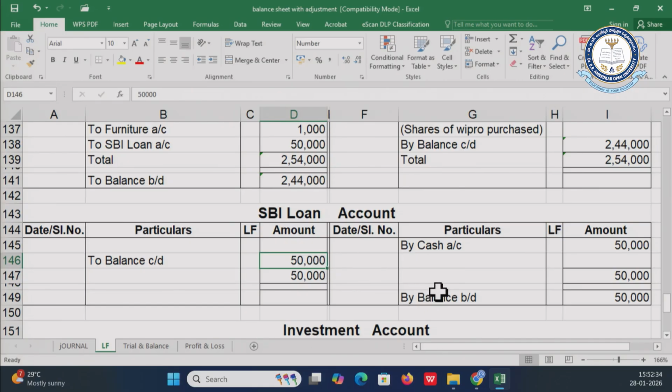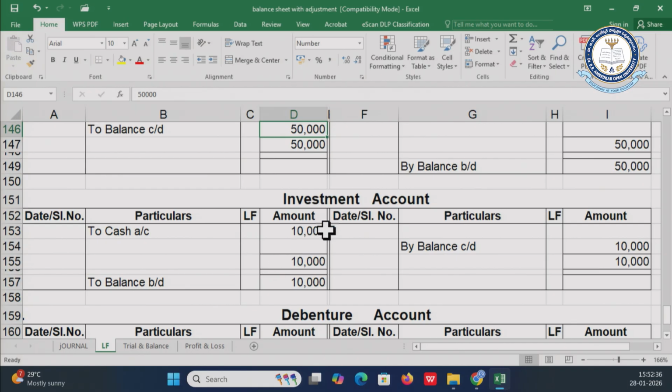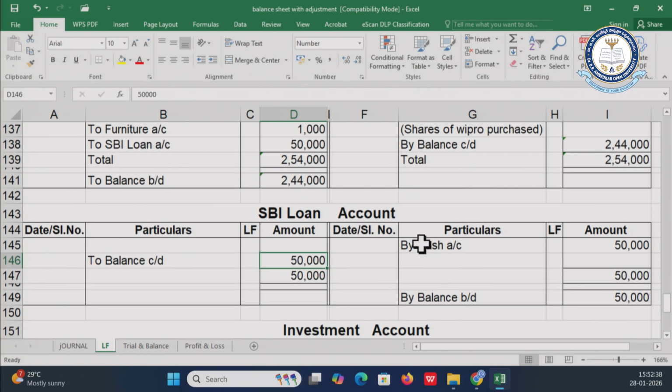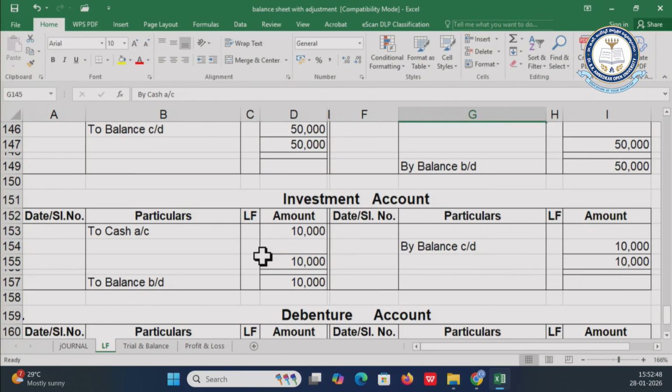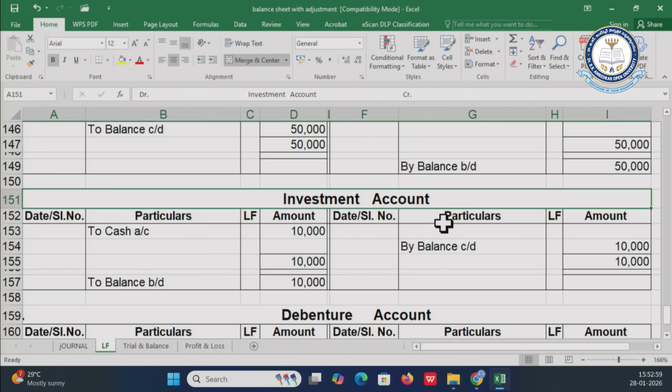And the investment account, it is reverse. Whenever you are taking a loan, loan account is credited and cash account is debited. When it is investment account, cash account is credited and investment is an asset, so it is debited.